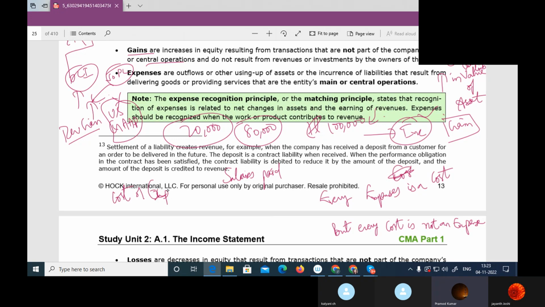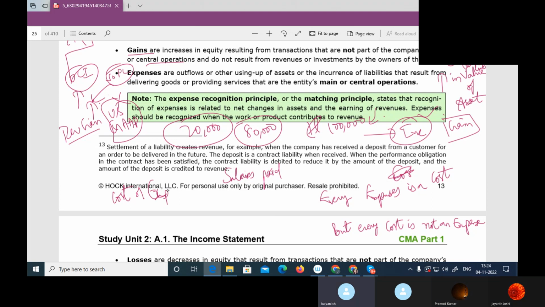From which perspective, sir? The employee's perspective or the company's perspective? From the company's perspective, the company is paying the salaries to the employee. For the employee, it is an income. For a company, it's an expense. Then how is it not a cost? Shall I treat it as a cost or an expense?